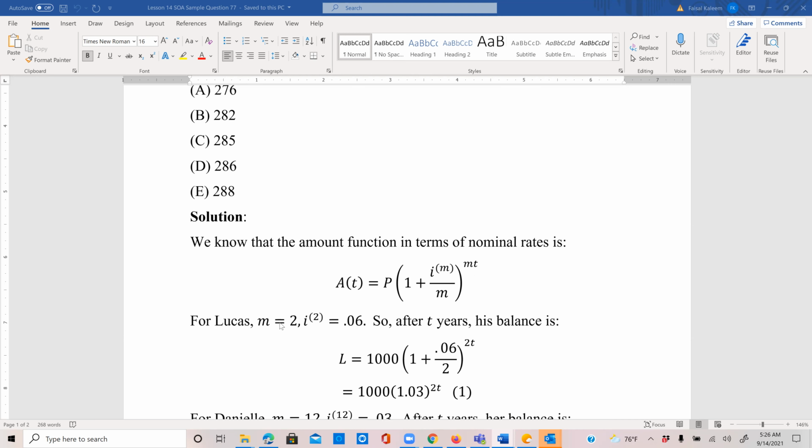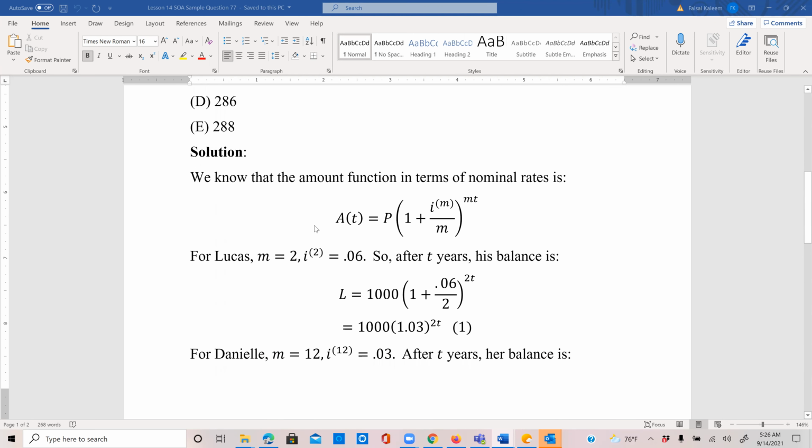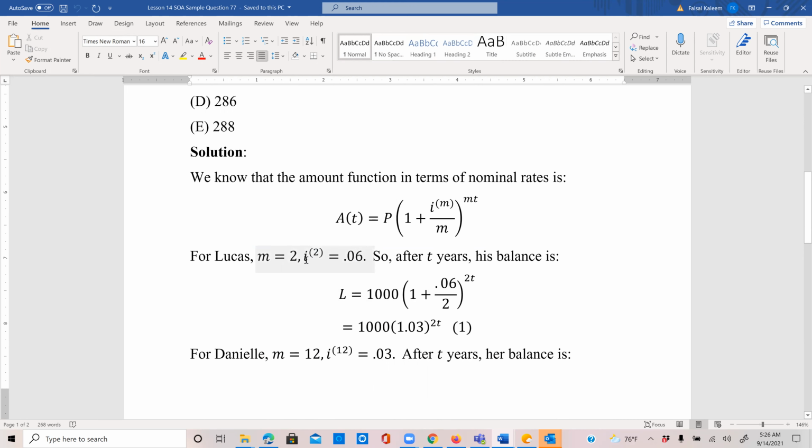For Lucas, m is equal to 2 because it's semi-annual compounding, and the nominal rate is 6%. So i^(2) is equal to 0.06. After t years, Lucas's balance is 1,000 as the principal, times (1 plus 0.06/2) to the power 2t, which equals 1,000 times 1.03^(2t).